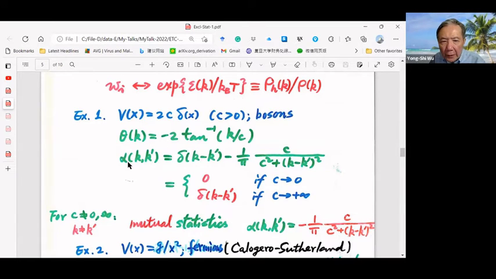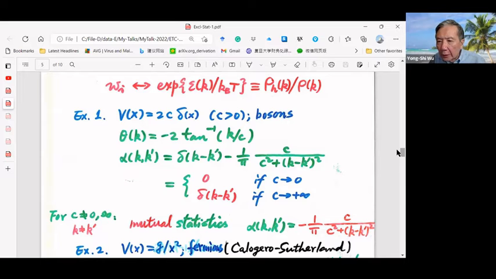Then the mutual statistical function is given by delta of k minus k prime minus pi over c times this function. It can be shown that when c tends to 0, we have only a delta function.